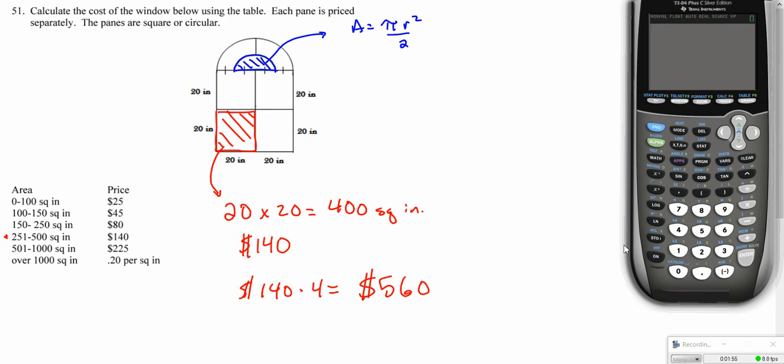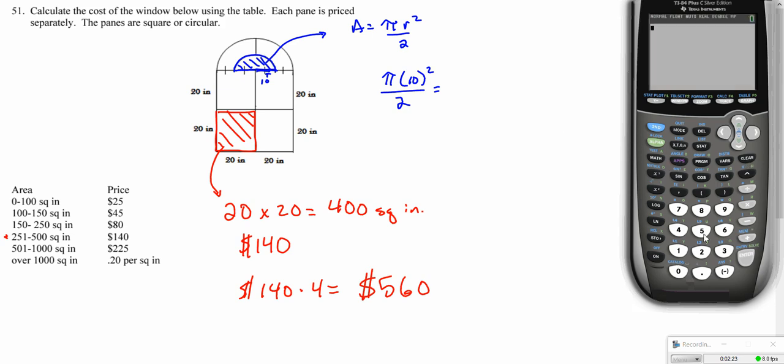The radius: it's 20 inches all the way across, so one of these right here would be 10 inches. So the radius of this half circle is 10 inches. I'm going to do pi times 10 squared and divide that by 2 to figure out the size of one of these.